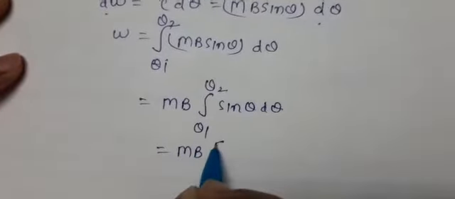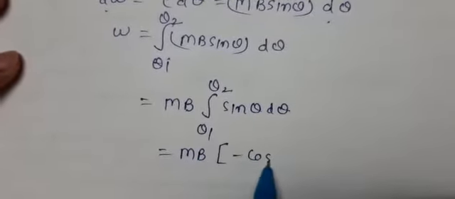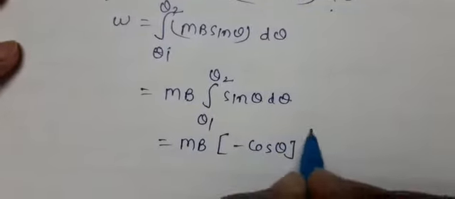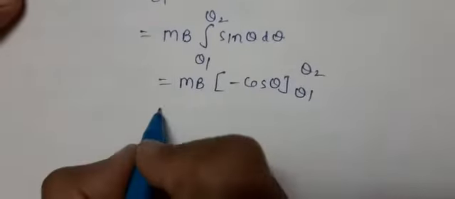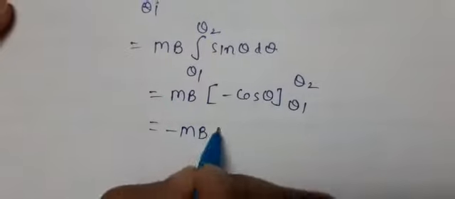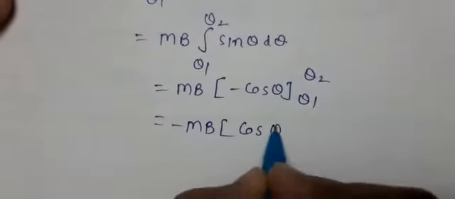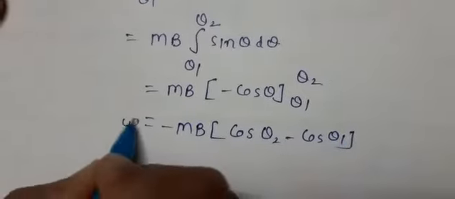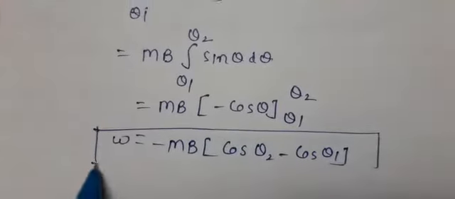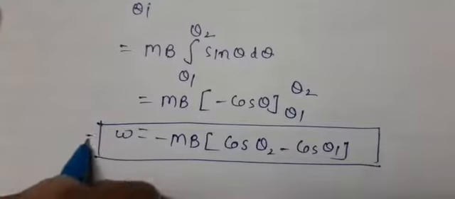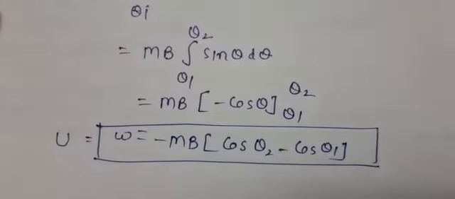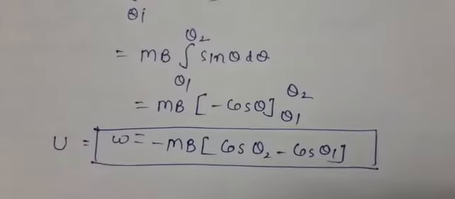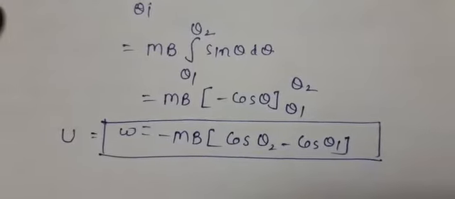Now integration of sin theta, this is minus cos theta, right? So when I will just put the value, it will be cos theta 2 minus cos theta 1. So this work done, this will appear as potential energy of magnetic dipole in uniform magnetic field.